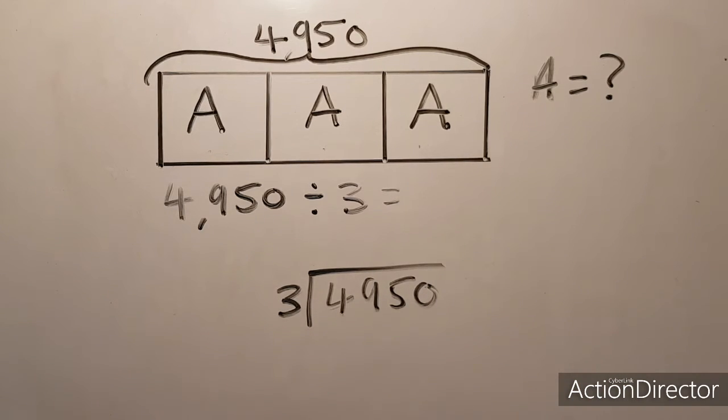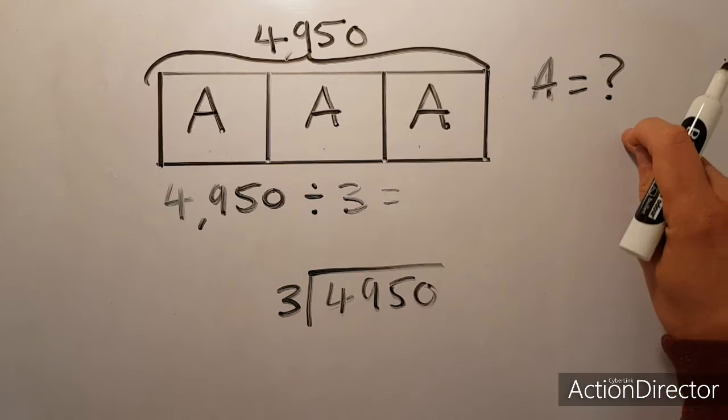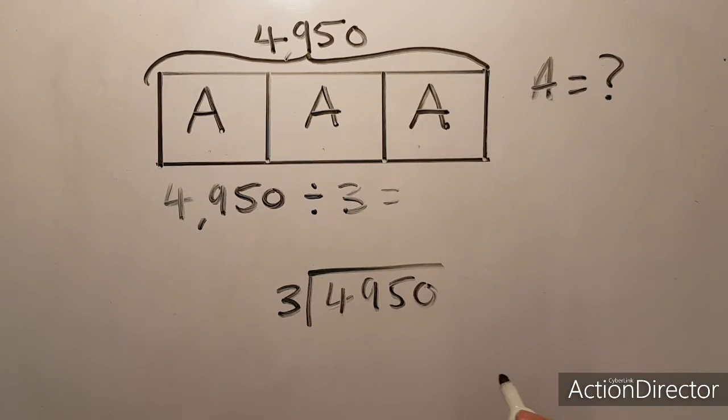So first of all, like we've done in previous videos, if you're not too comfortable with your 3 times table, I really recommend quickly writing out the multiples of 3 down the side, as it will massively help you with your division.